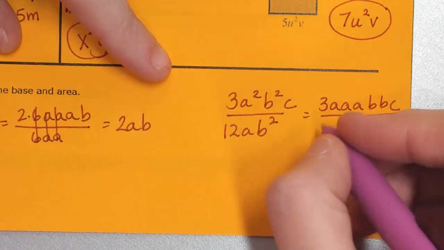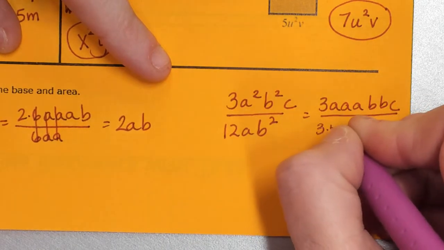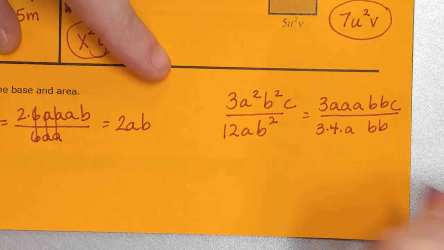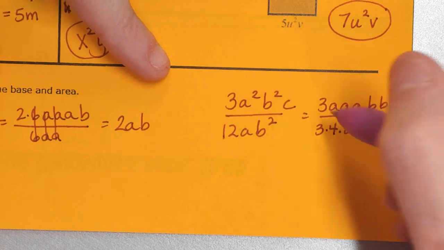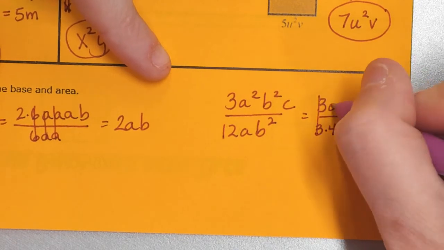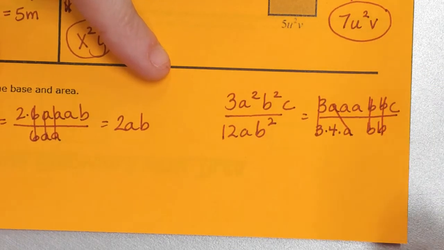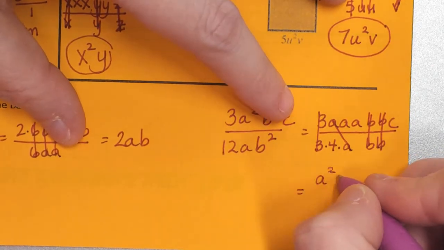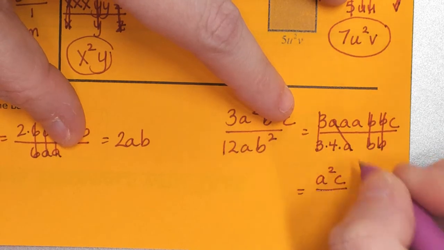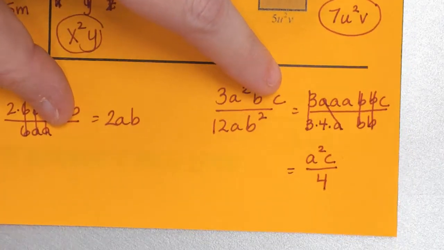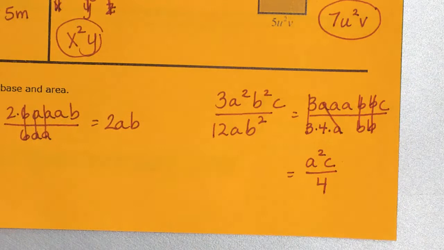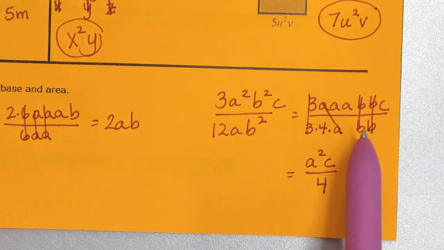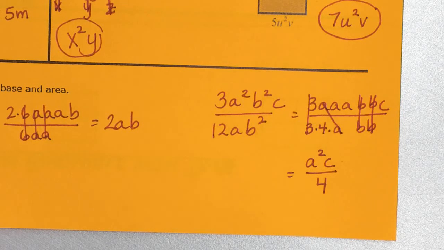Well, 3 times 4 is 12, so I'm going to put 3 times 4, and then I've got a, b, b. There's no c. My 3 cancels, an a cancels, my 2 b's cancel. Well, what's left? I have a squared c on the top, and on the bottom, I have a 4. That's the answer. That 4 has to stay on the bottom. If I had an extra b on the bottom, it would stay on the bottom too.